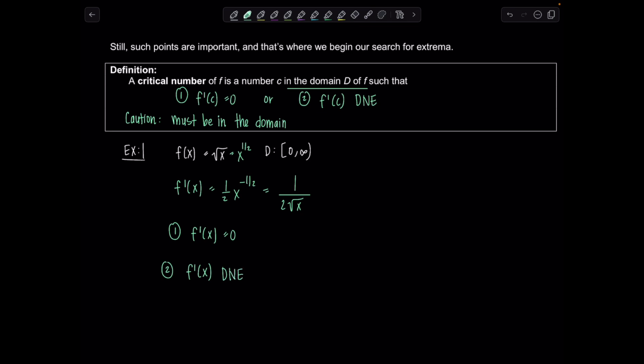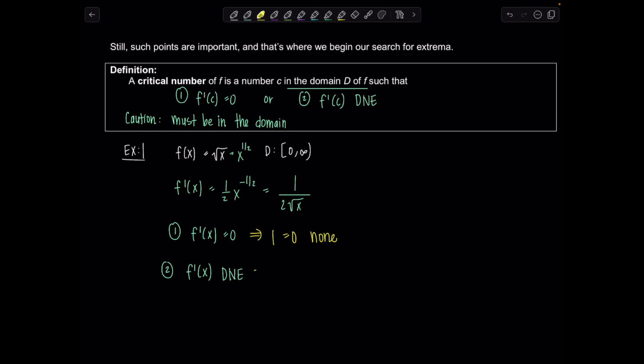And here's just the easiest way to do it. When your derivative is a fraction, basically one term, the derivative is equal to 0 when the numerator is 0, and the derivative doesn't exist if the denominator is 0. So f prime of x equals 0, that means the numerator, which is 1, would equal 0. Well, that doesn't happen, so none.